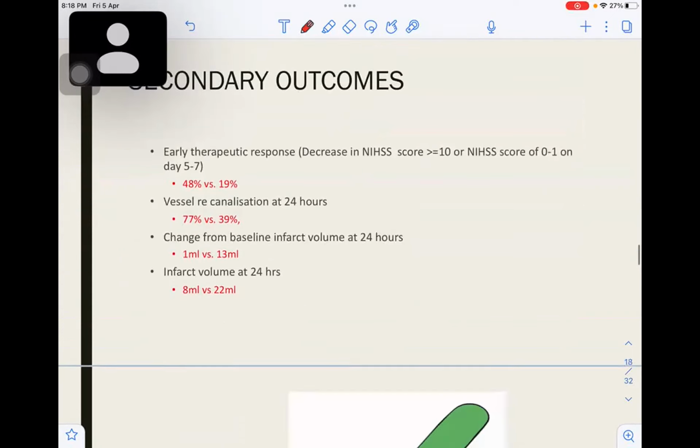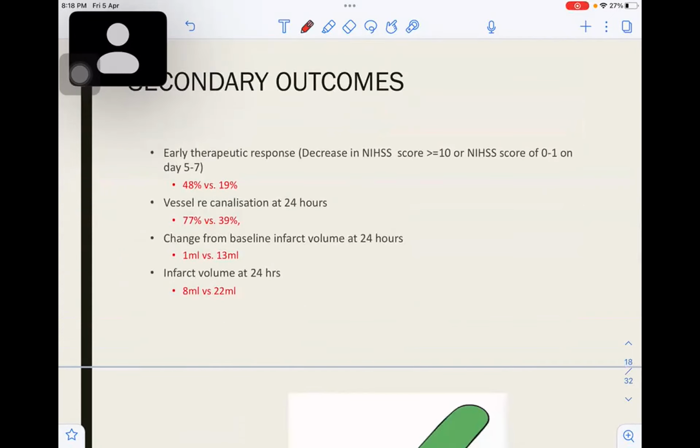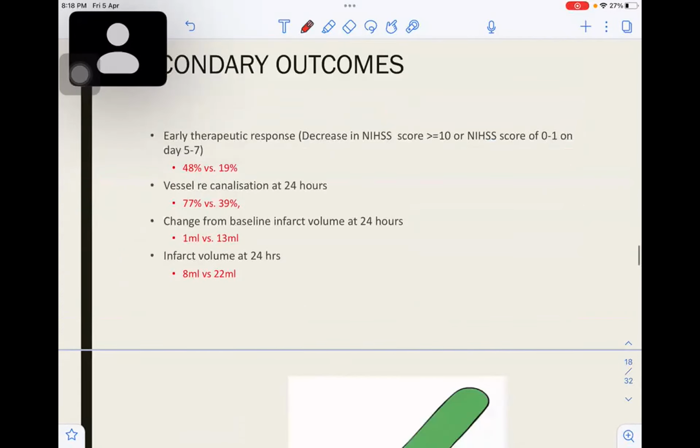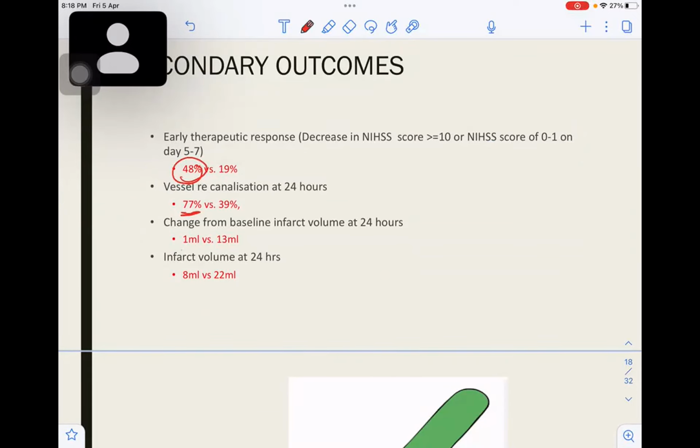They had certain secondary outcomes which also favored the mechanical thrombectomy group, like the early therapeutic response, which they measured using the NIHSS score. A decrease of 10 points or more was seen in about 48% in the thrombectomy group, vessel recanalization was about 77%, and the change from baseline infarct at 24 hours was about 1 ml. As you can see, all these values favor the mechanical thrombectomy group.